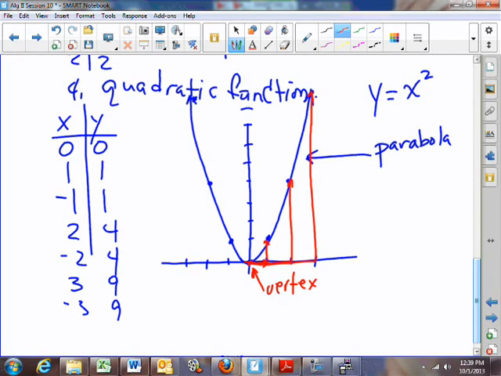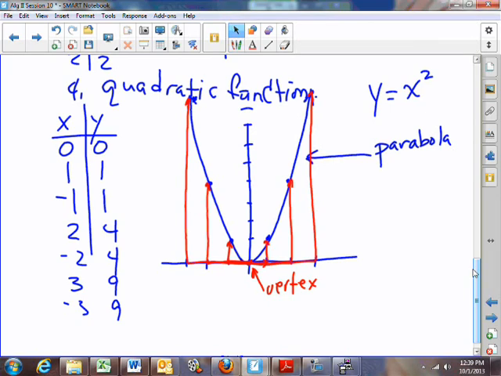Now, if we go 1 to the left, we're going to go 1 up. If we go 2 to the left from the vertex, we're going to go up 4. If we go 3 to the left from the vertex, we're going to go up 9. Now, the basic quadratic function, if we just slide it someplace, will still have those characteristics. And that's one way to find some points so that you can do a good job of graphing the equation.